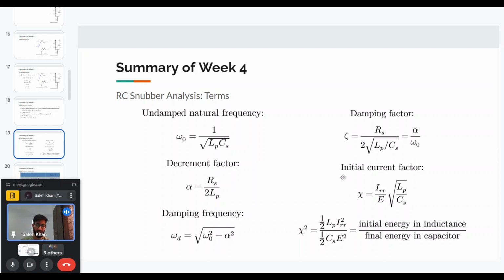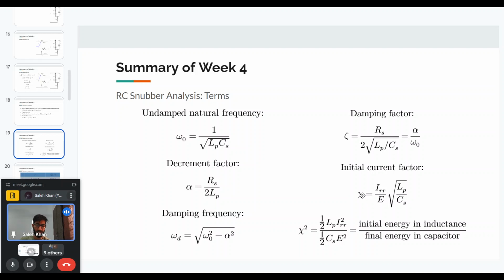And finally, we have what is called the initial current factor, chi. And it is given here, the expression for chi. And what we'll actually do is we'll solve these different equations in terms of all these parameters that we have seen. And then finally, we'll determine a particular value of damping factor zeta and the initial current factor chi.